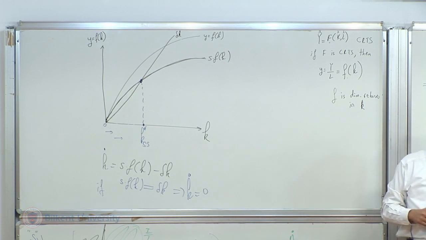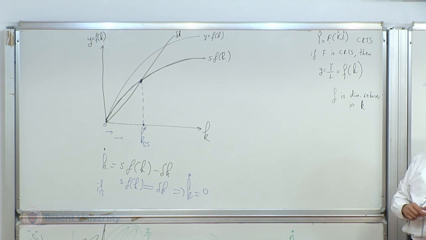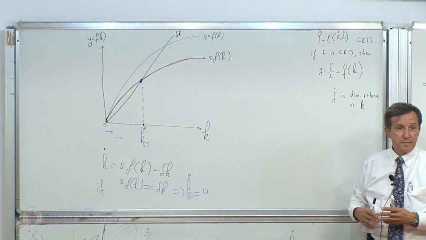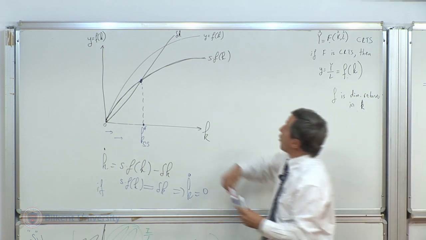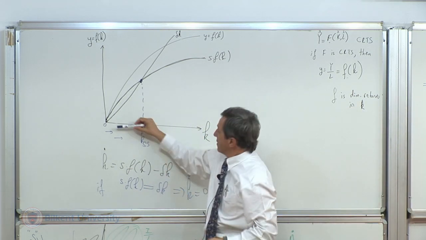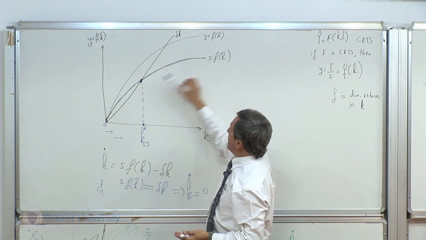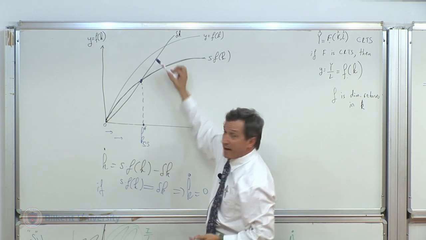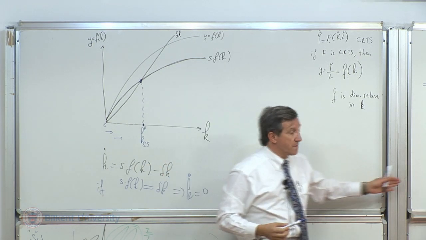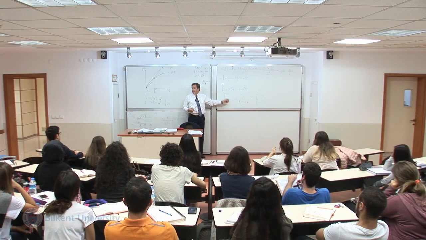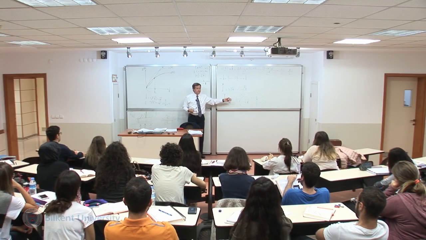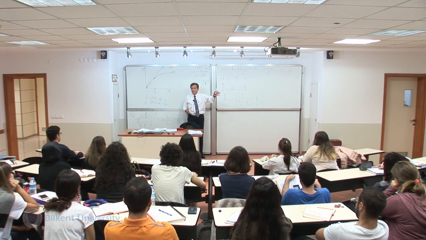How do we go there? Well, mechanically, we go there because according to the functions, s times f of k is higher than delta k. Therefore, k dot is positive. Does everyone agree?